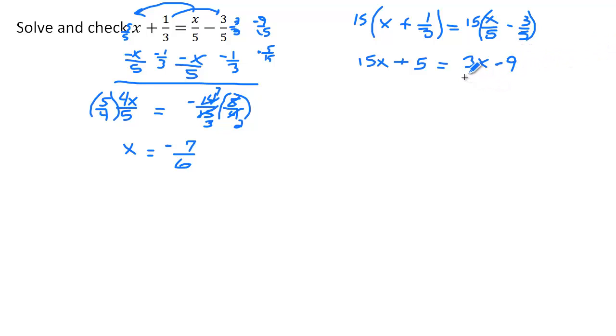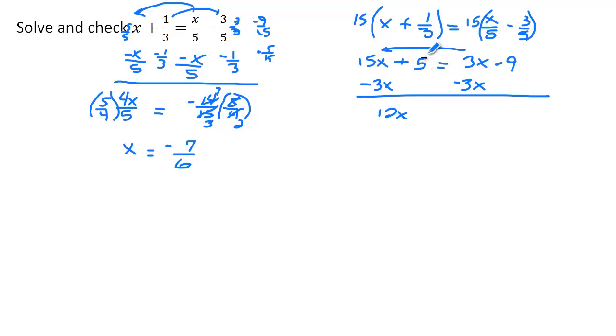So we can now simplify by bringing the x's to one side and the constants to the other side, subtracting 3x from both sides. We get 12x. We have a 5 added on to it.